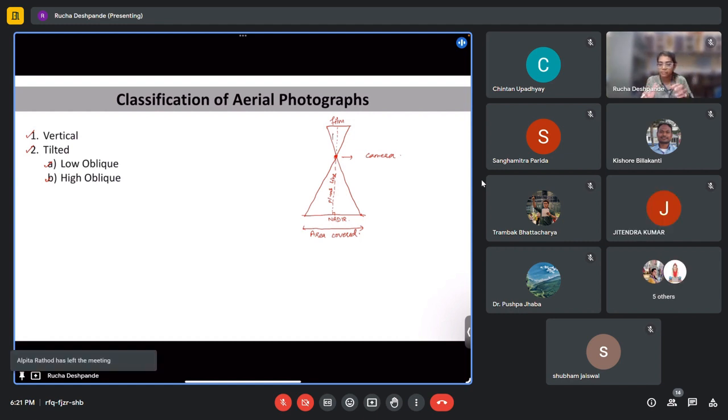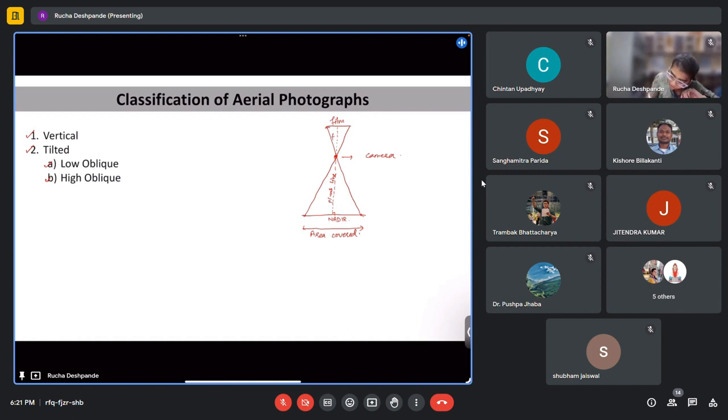The image captured over here would be formed on this film, and f here is the focal length of the camera. In this case, the lens axis is perpendicular to Earth's surface.